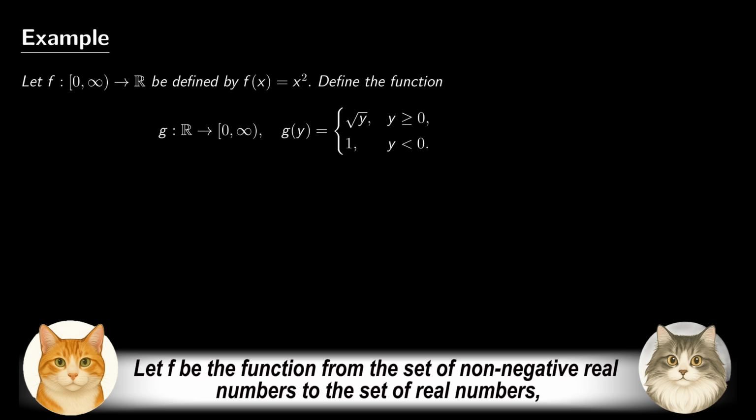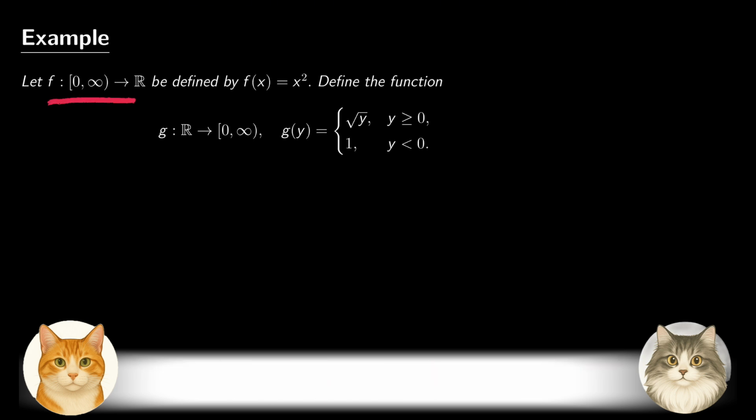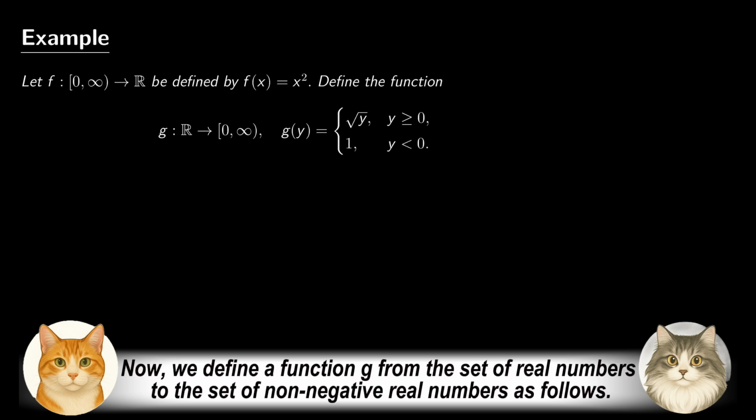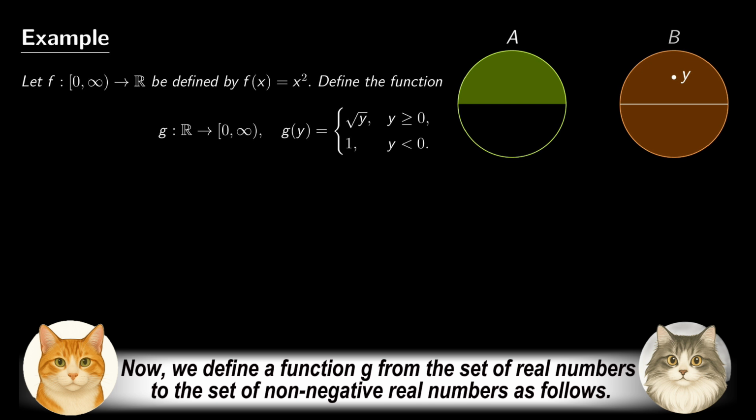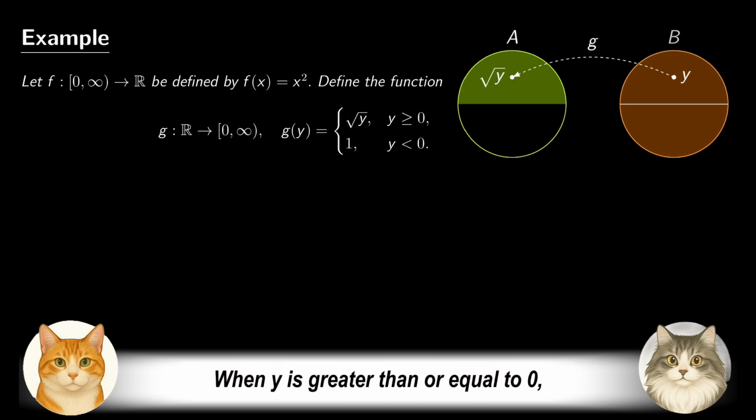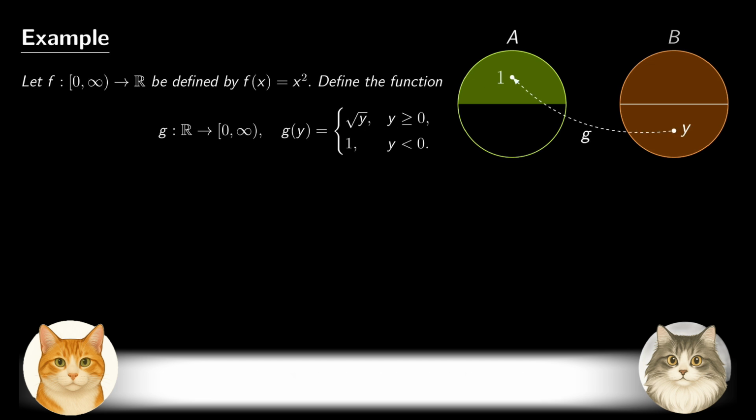Let f be the function from the set of non-negative real numbers to the set of real numbers, defined by f(x) equals x squared. Now, we define a function g from the set of real numbers to the set of non-negative real numbers as follows. When y is greater than or equal to 0, g(y) is equal to the square root of y.